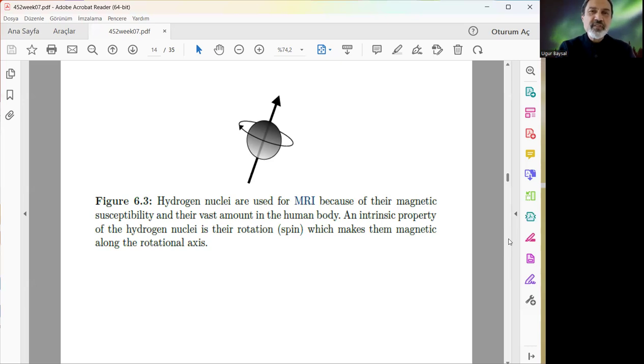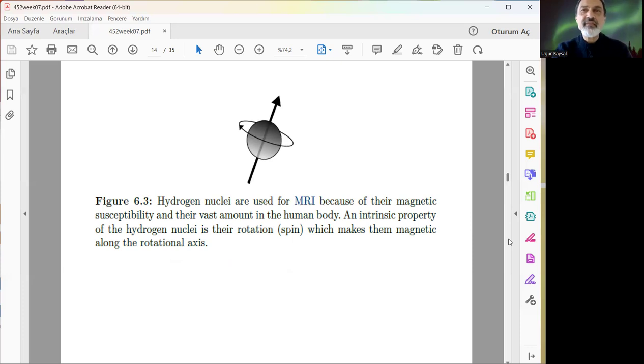This figure is borrowed from your online textbook. It says that hydrogen nuclei are used for MRI because of their magnetic susceptibility and other parameters and their vast amount of concentration in the human body. Protons are everywhere in the body, in our bloodstream, in our tissues, in our fat tissues, brain, everything.